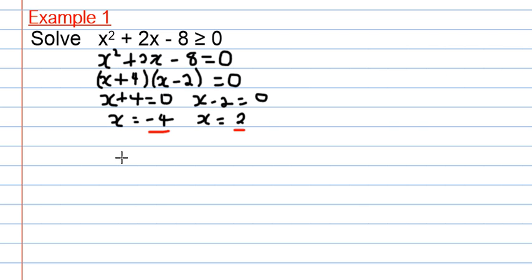Now I'm going to represent that on a number line. If I have my number line here, I have those 2 points there. So that bit will be 2, and that will be minus 4.